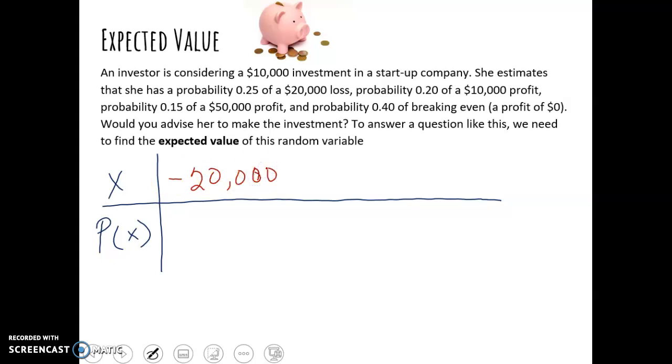to be 0.25 or 25%. She estimates the probability of 0.20 for a $10,000 profit and 0.15 for a $50,000 profit.